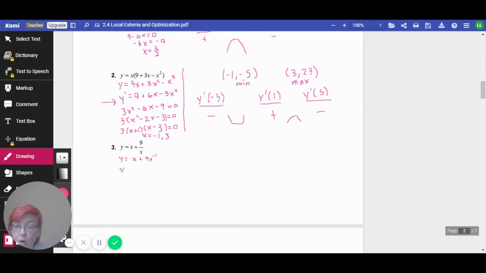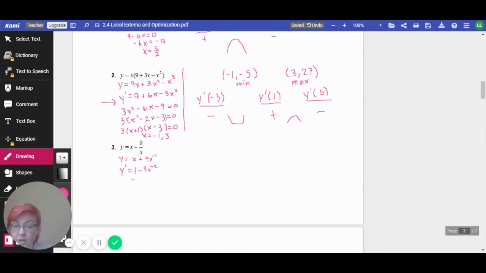So then y prime equals 1 times 1 is 1, and x to the 1 minus 1 is x to the 0, plus negative 1 times 9 is negative 9, and x to the negative 1 minus 1 is x to the negative 2.